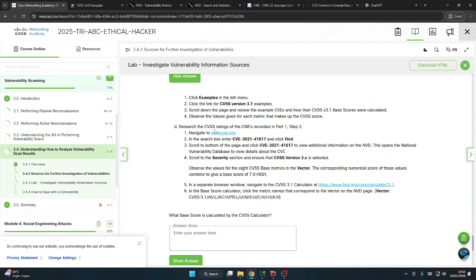Research the CVSS rating, the CVE record, part 1, cve.org.